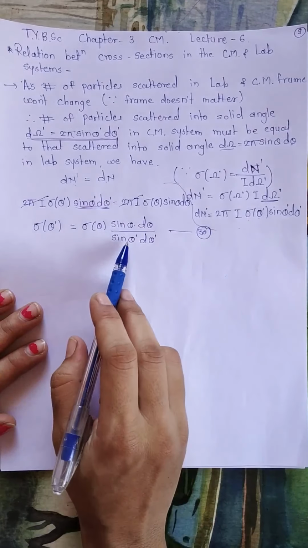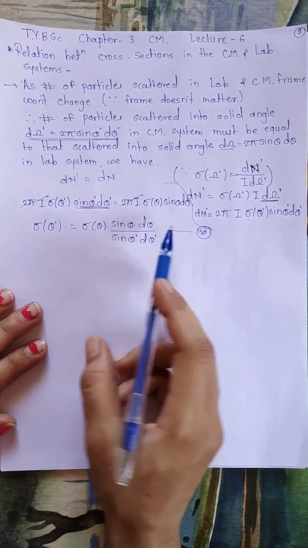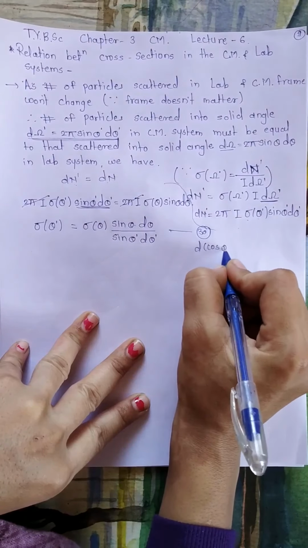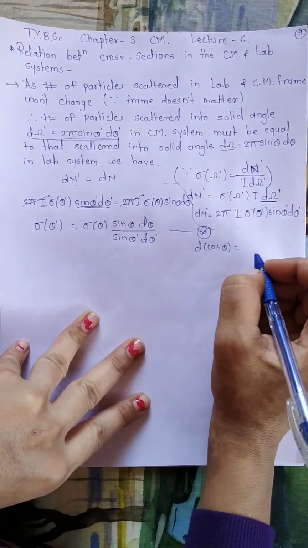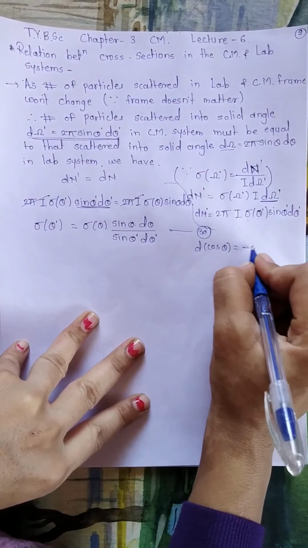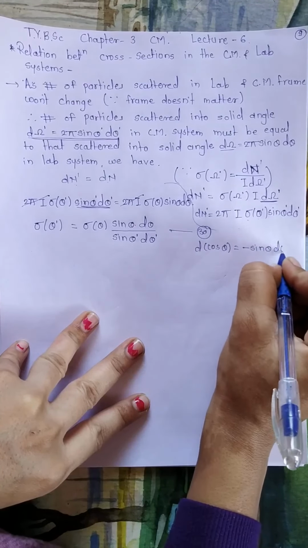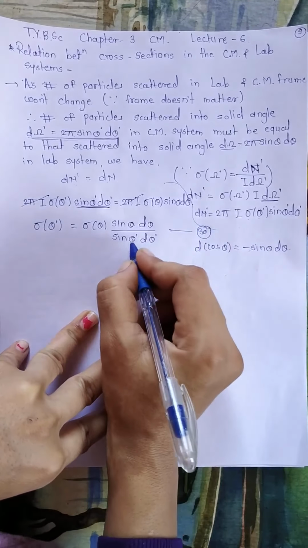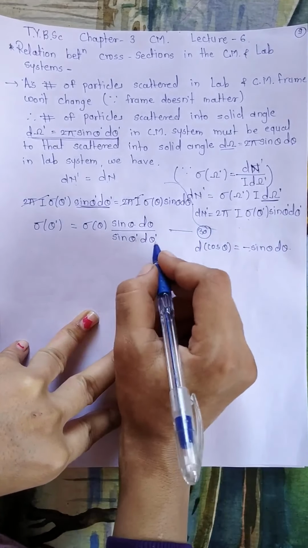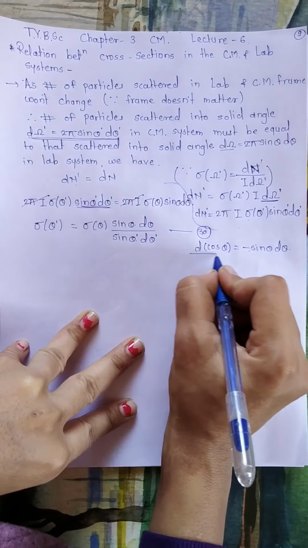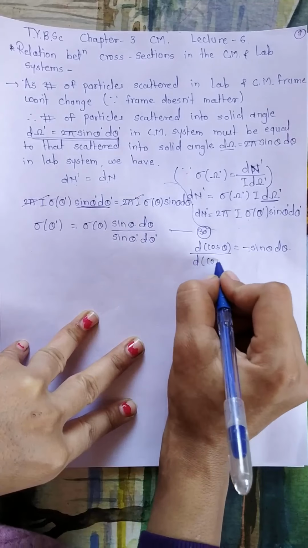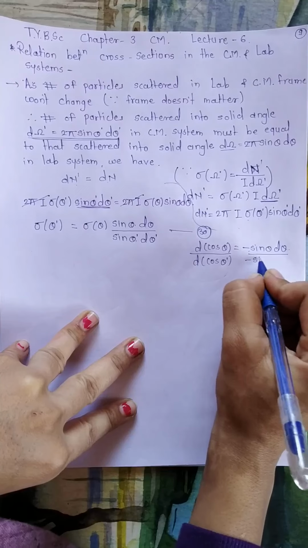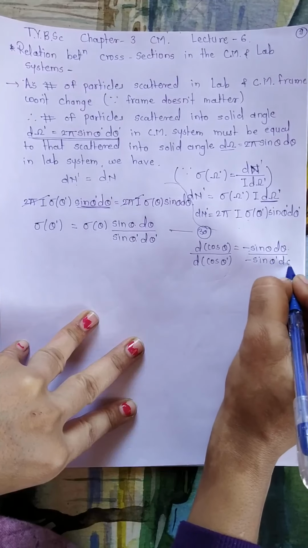So I can write this sin theta d theta as the derivative of cos theta, because you know the derivative of cos theta is nothing but minus sin theta d theta. So this is for cos theta, and in the denominator there is the same for theta dash. So if I take it for the denominator, I will get cos theta dash, which will again be minus sin theta dash d theta dash.